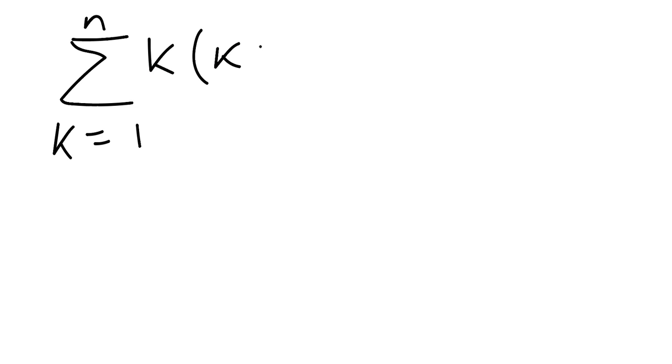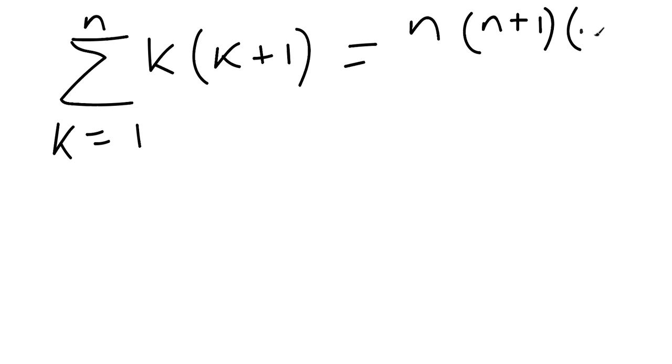And we can also talk about the sum of consecutive terms. So two consecutive terms being summed up from k equals 1 to n, this is k times k plus 1. And this equals n times n plus 1 times n plus 2 all over 3.